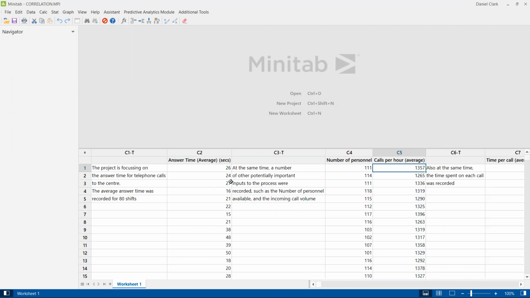Correlation is used to measure whether there's a linear association between sets of continuous data. So if I want to ask a question about the relationship between the number of personnel working and the average time to answer, does it take more time to answer if there are fewer people working, and less time if there are more people working?